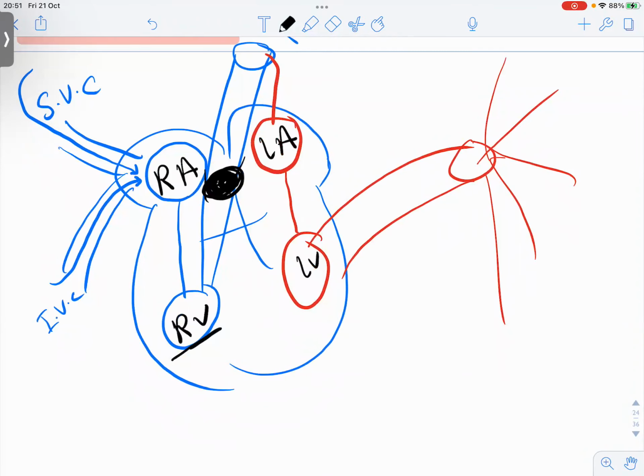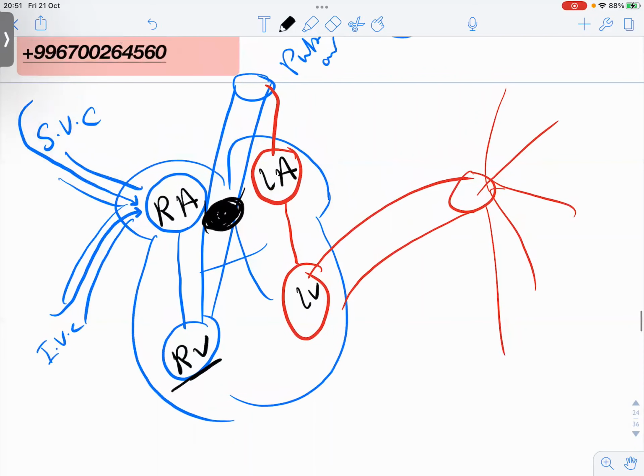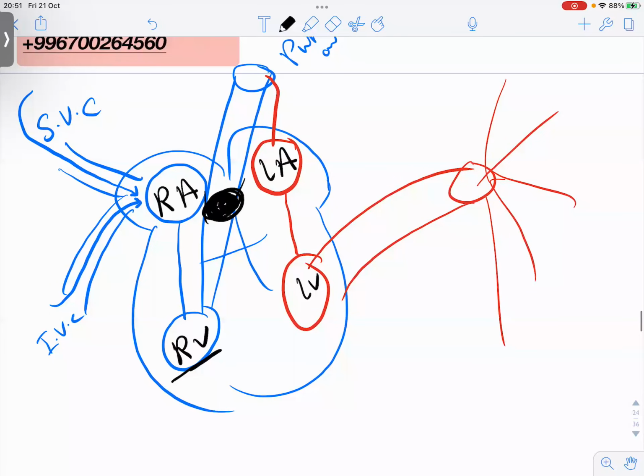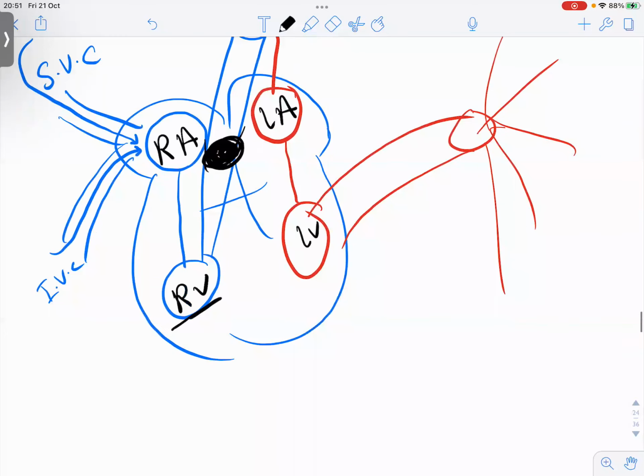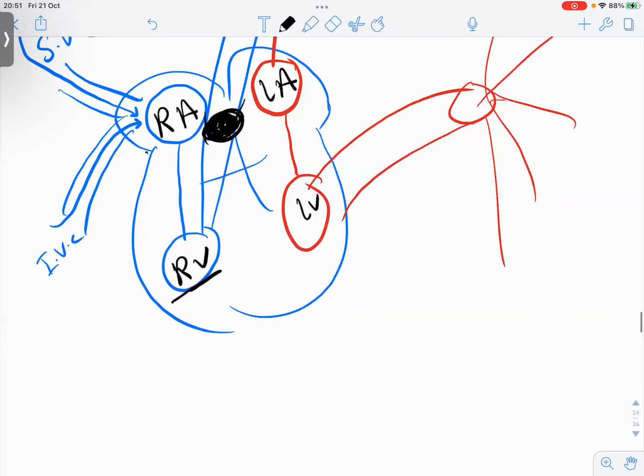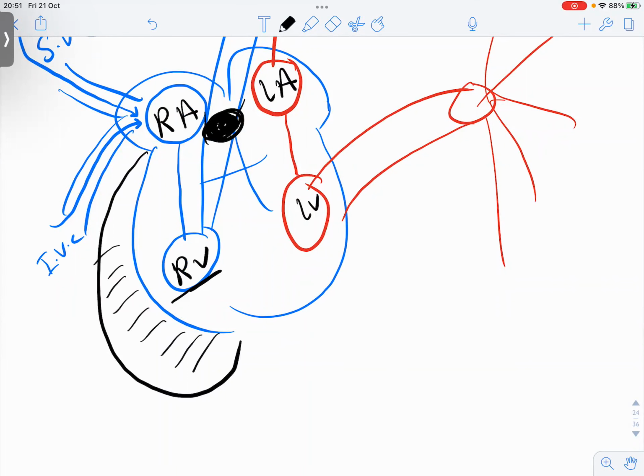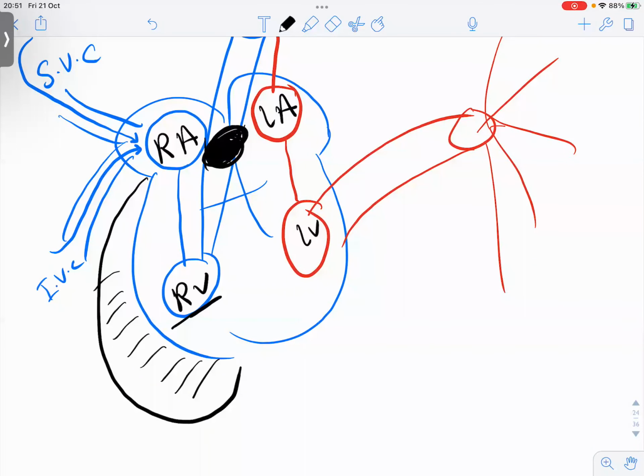The right ventricle cells will say, hey, there's something blocking the way in the pulmonary artery. So we have to increase the strength of pumping. We have to pump very, very hard. So after some time, your cardiac muscle will try to be hypertrophied to compensate for this resistance.